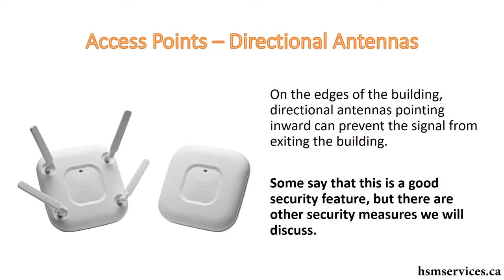And so if you've got Wi-Fi access points on the edges of your building, you don't want the signal to escape the building. You just want to point it inwards. So a directional antenna can provide security in that way. I would not take that kind of security very seriously. So not a very effective measure, but some of the pundits keep telling us that directional antennas are a good security feature.